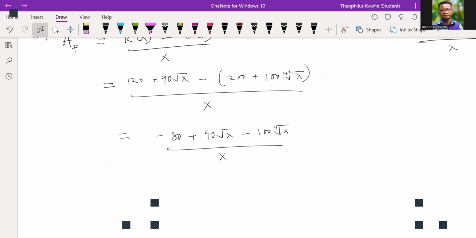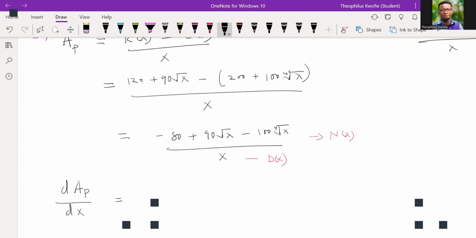So what then becomes the derivative of the average profit with respect to x? Good. How do you find that? Which law or theorem should we use here? The quotient theorem. Suppose this is our n of x and this is our d of x. So we are going to invoke the theorem on the quotient function.